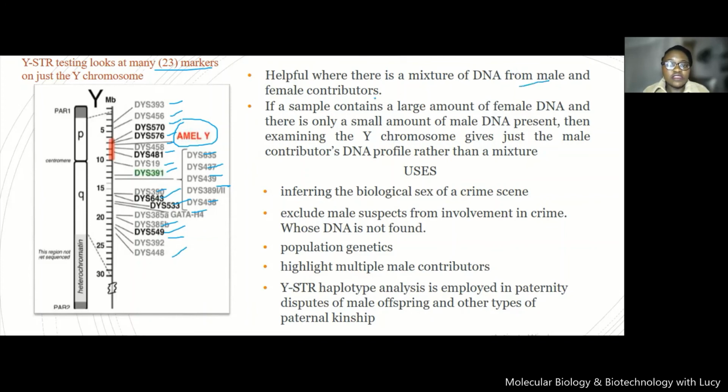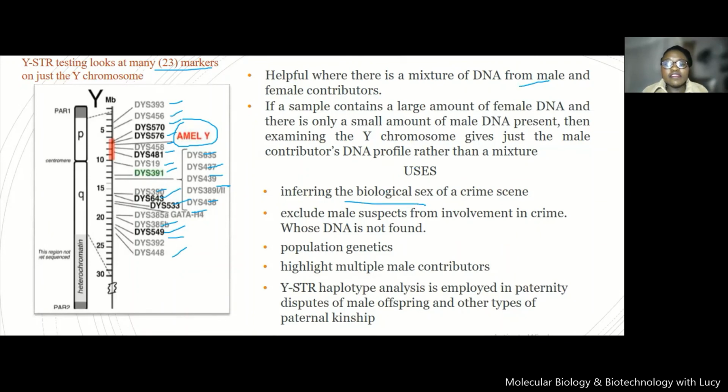You want to distinguish, maybe there is a plane crash, which is a mixture of female and male. So before you go so much into looking for their relatives, you first separate the male samples and the female samples by using now such markers of YSTR so that you're able to infer the biological sex.